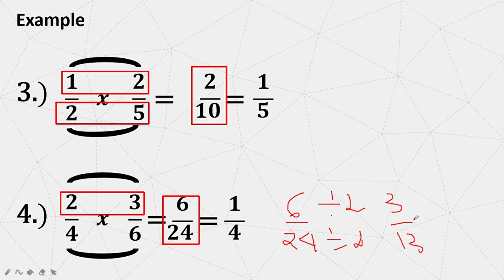So, 3 divisible by 3 itself and 12. Hindi siya divisible by 3 because 9, 10, 11, 12. 12 dapat siya dito. I mean, this is 12 pala. That's right. So, this is 12 because 24 divided by 2 is equals to 12.